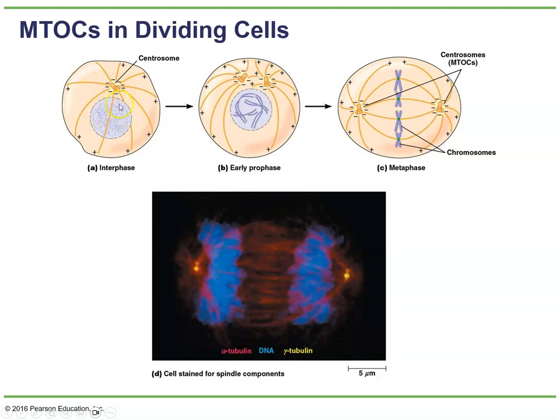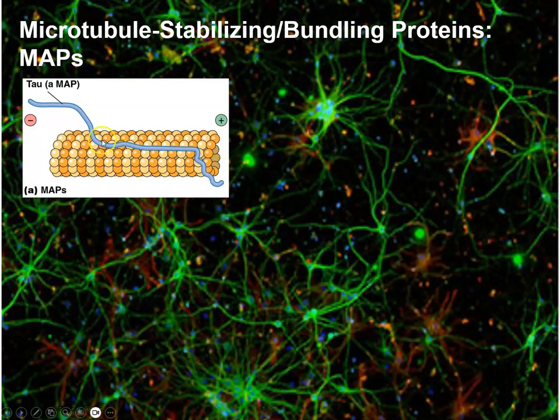You can see they can only have so many spindles coming off of them. Their function is essential for cell division, and they're involved in attaching to and pulling the different pieces of DNA apart.